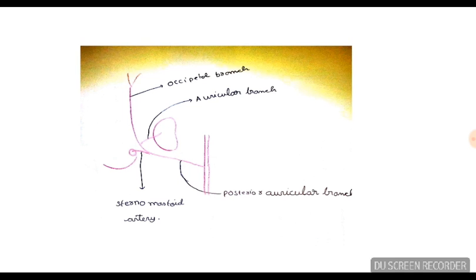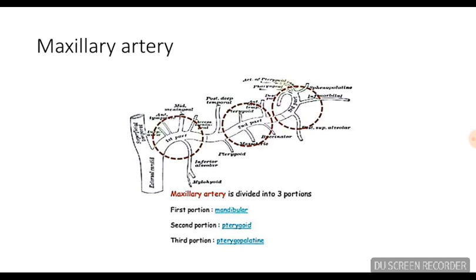The posterior auricular artery has the following branches. They include the stylomastoid artery, auricular branch, and an occipital branch. The stylomastoid artery supplies the internal ear, that is the tympanic membrane of it.